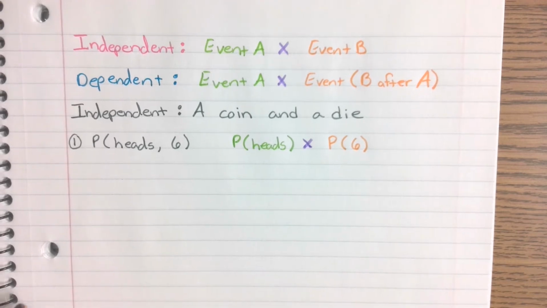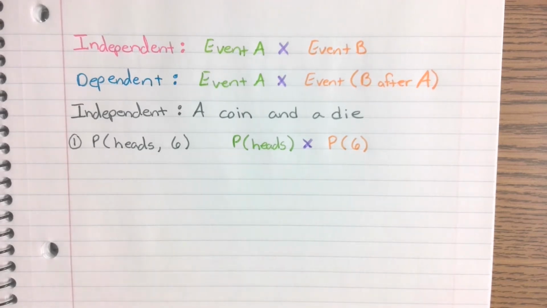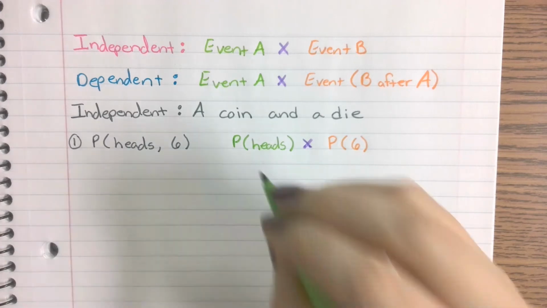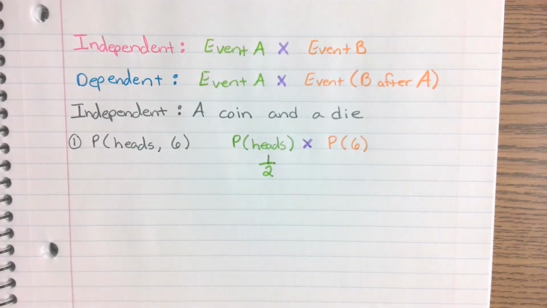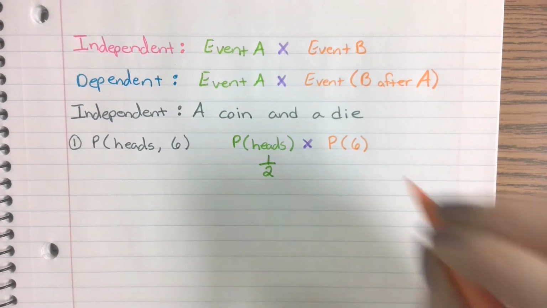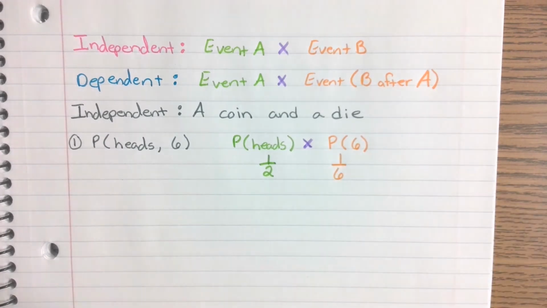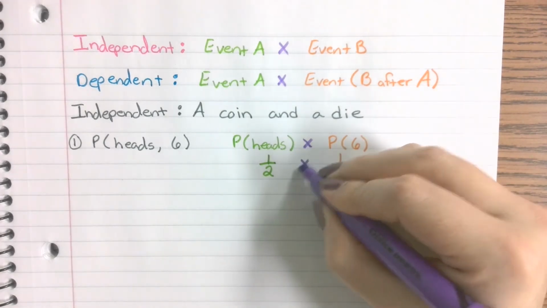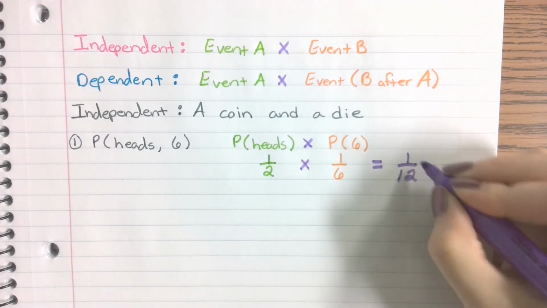So the probability that it's going to land on heads is what? 1/2. What about the probability that we're going to roll a 6? 1/6. Okay, and then all we do is multiply those together. That's going to give us 1/12.